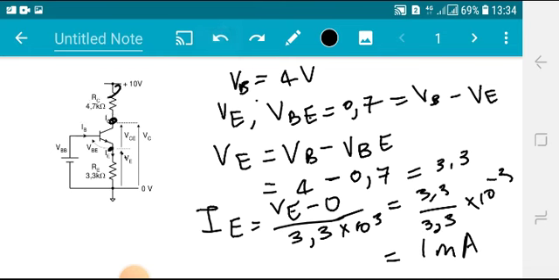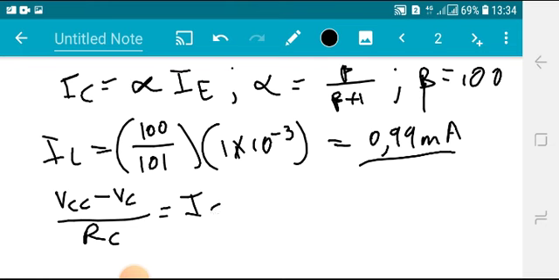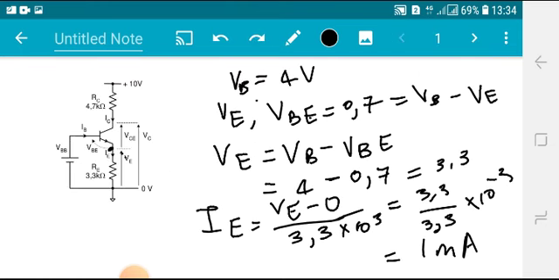So we have to use Ohm's law again to find VC. So VCC, which is the power supply, minus VC over RC should equal IC. Right? Ohm's law.